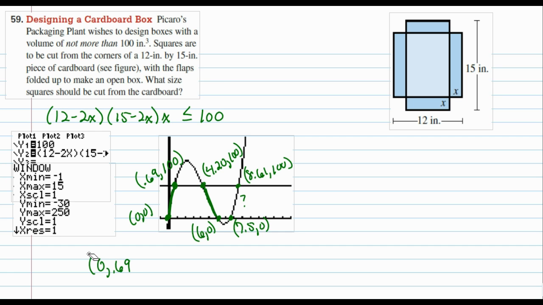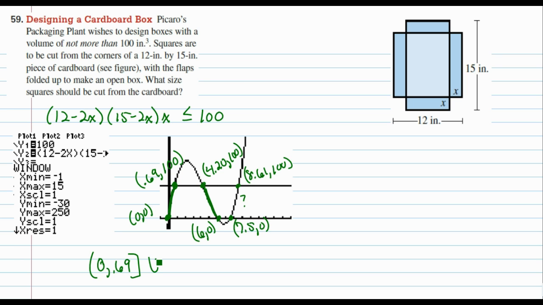I wouldn't want a box with 0 inches, so I'm not going to include 0. But 0.69 inches would make the volume of this box exactly 100 cubic inches, so that would be okay. The values between 0.69 and 4.2 inches for x would make the volume too big.